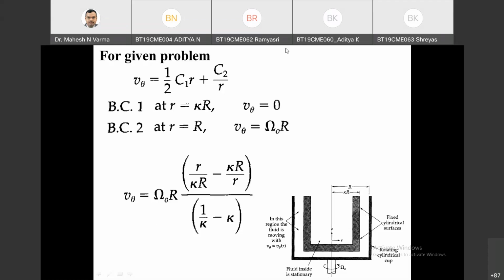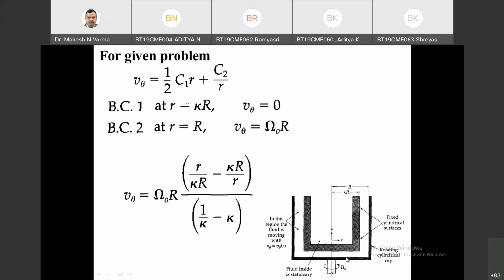No. But if you see now, can you see my cursor? Yes, sir. Okay. Now say I am here. My molecule is here. What will be the velocity of this molecule? Sir, at the end it will have V theta velocity only.